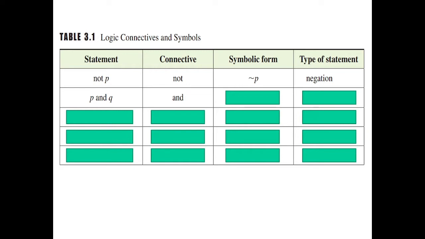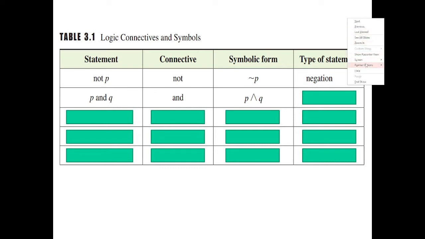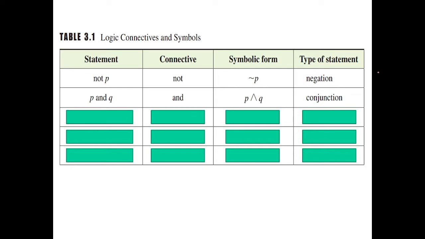Take note of the symbol over here. This is the symbol for and, and this is what you call a conjunction.